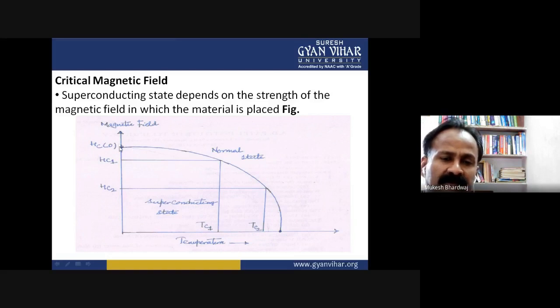But before these points, it starts behaving like a superconducting material. So some materials have different critical temperatures, which are denoted by Tc1 and Tc2.